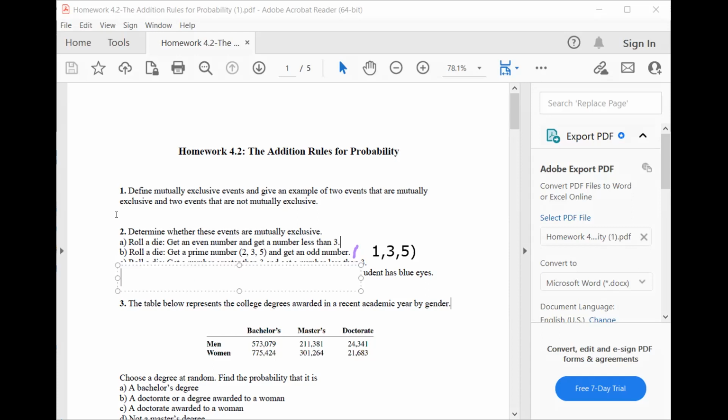And how about letter D? Select a student in your class. The student has blonde hair and the student has blue eyes. Is it possible that these characteristics would overlap in somebody?